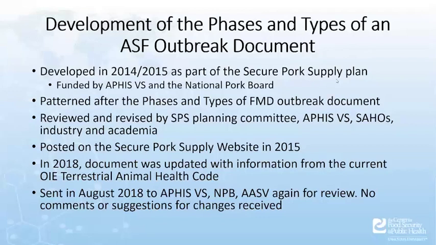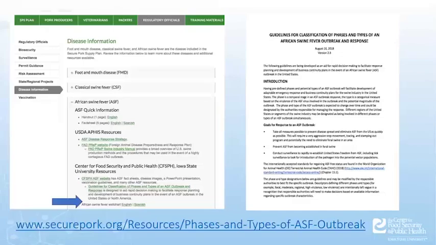Now, as I'm sure you're aware, there's an ASF full-day exercise this Wednesday, and it may be that recommendations will come out of there for changes to this document. It's available on the Secure Pork Supply Plan website.